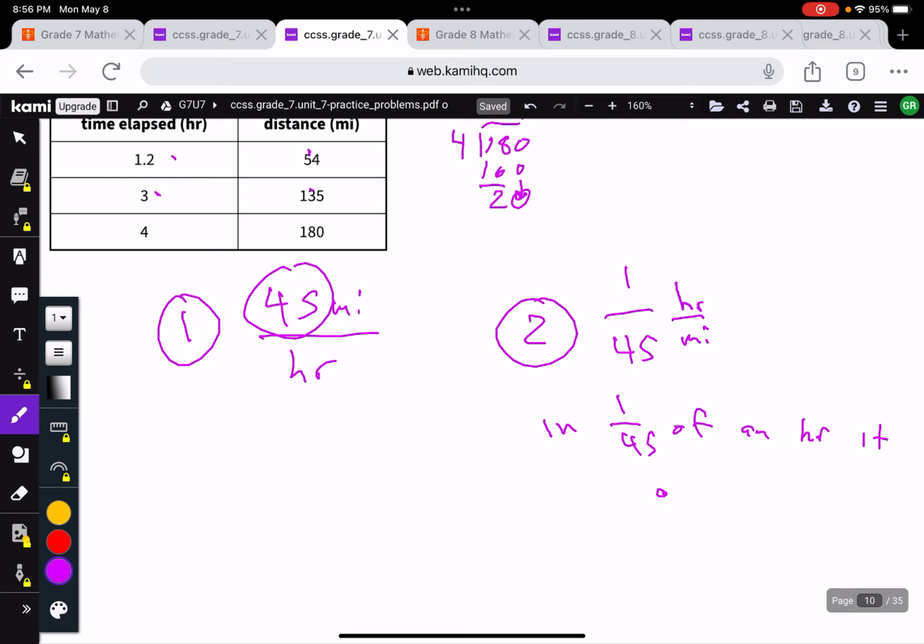So it's kind of weird. It's kind of saying 1/45th hour per 1 mile. Lots of weird ways to look at that.